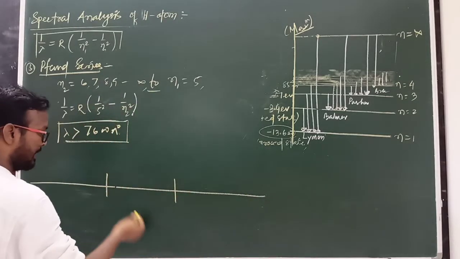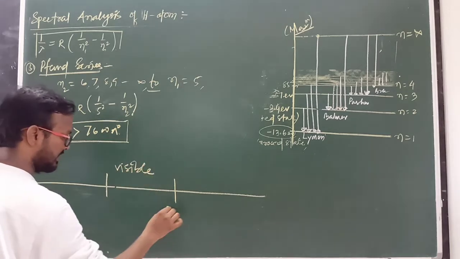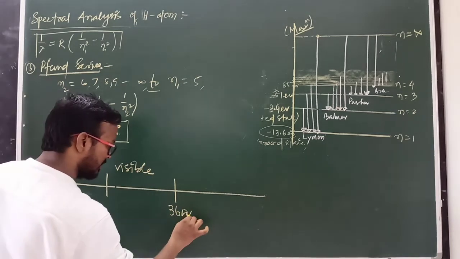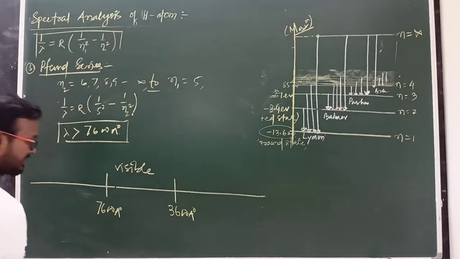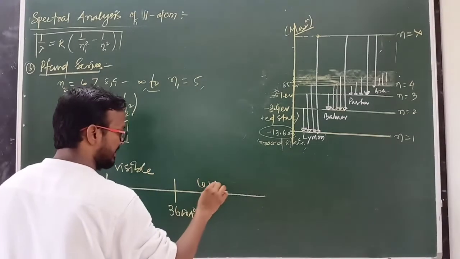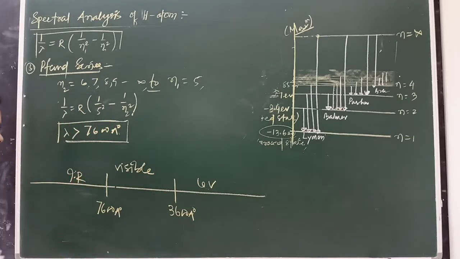This is known as the visible region. Here 3600 angstrom, here 7600 angstrom. This region is the ultraviolet region, this is the visible region, and this region is known as the infrared region.